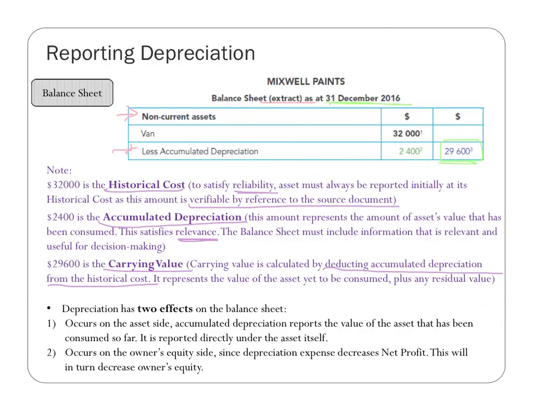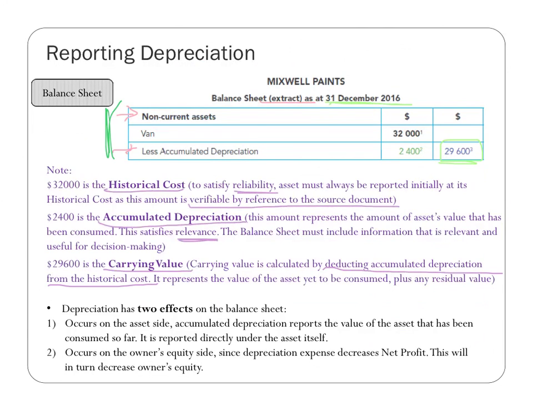And so, what's the effect of depreciation on the balance sheet? Well, there are two effects. Firstly, it occurs on the asset side, as you can see here. Accumulated depreciation reports the value of the asset that has been consumed so far.